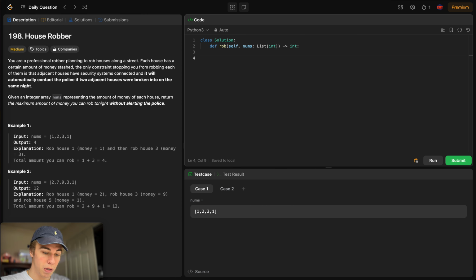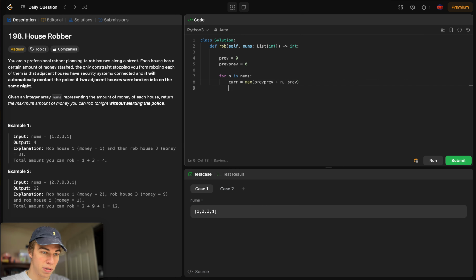So, I mean, what we could do is we could have prev equal to 0 and prev equal to 0, and then for n in nums, we could say that temp is going to be equal to, and let's just say that we're starting from the fourth one. Current is going to be the max of prev plus n, or just prev.